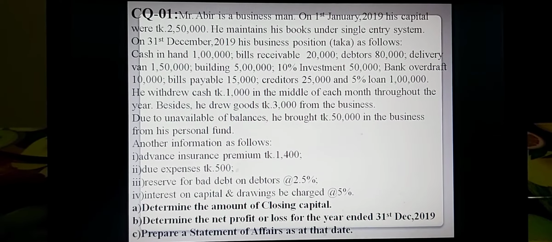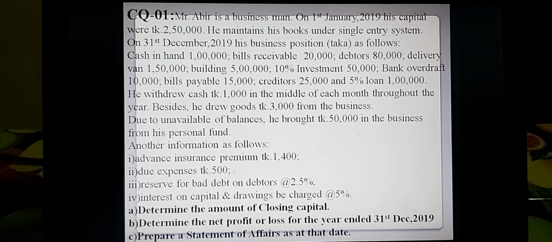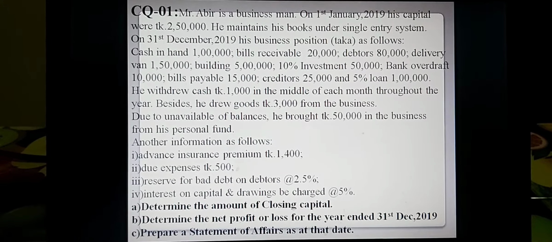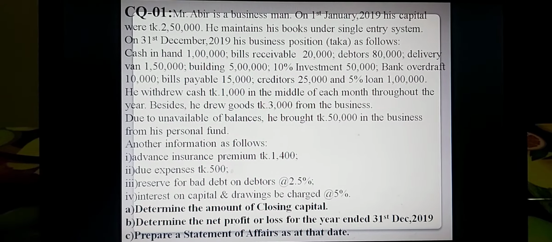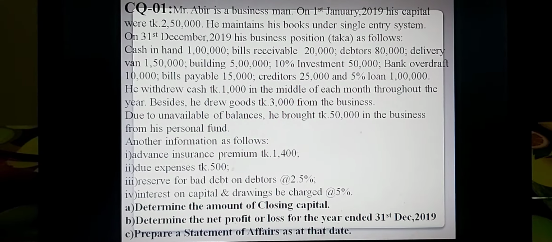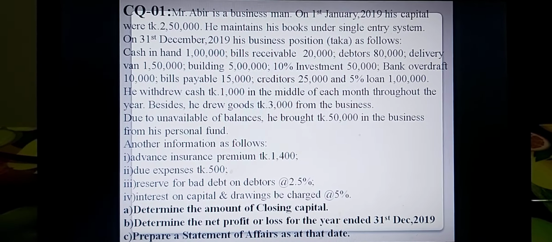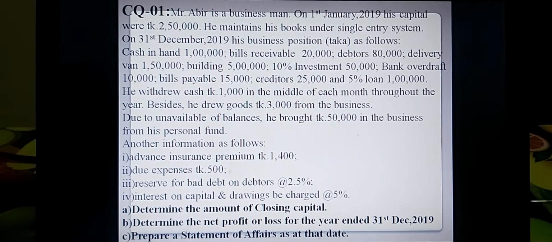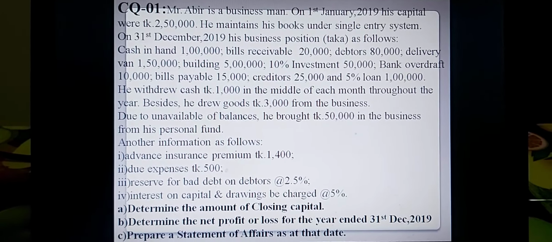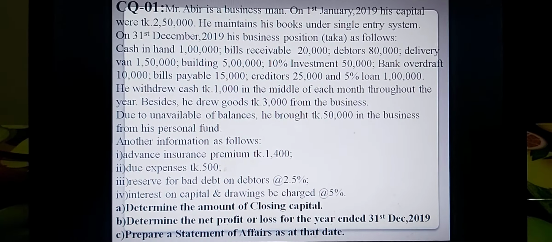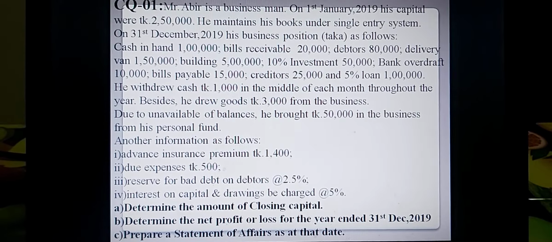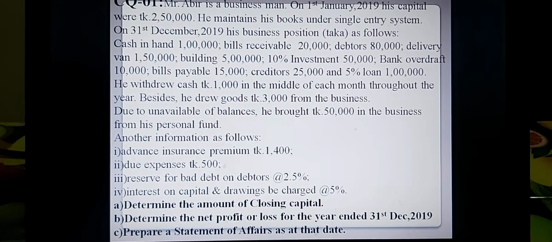You can write it in your copy for solving this creative question. CQ1. Mr. Abir is a businessman. On 1st January 2019, his capital was taka 2,50,000. He maintains his books under a single entry system. That is, he does not maintain his books under double entry system.